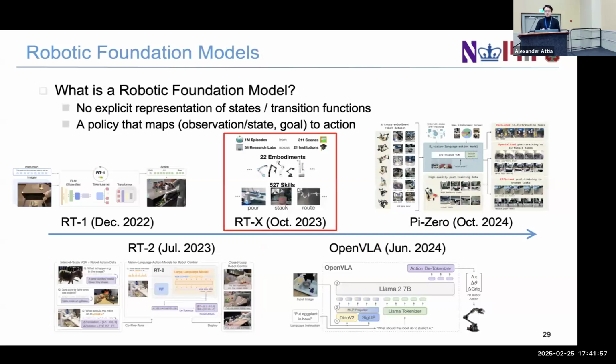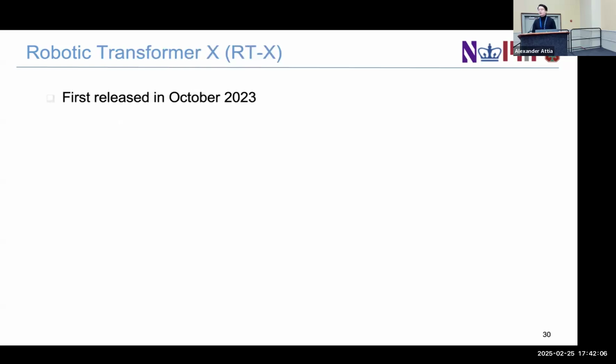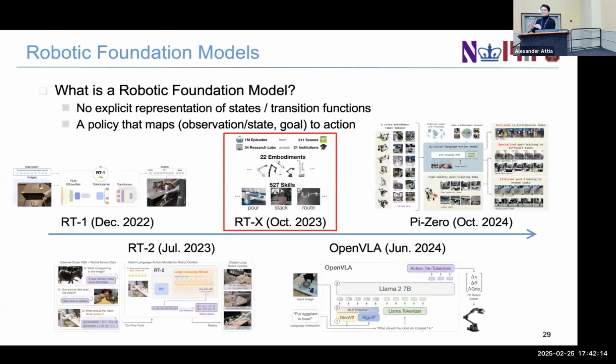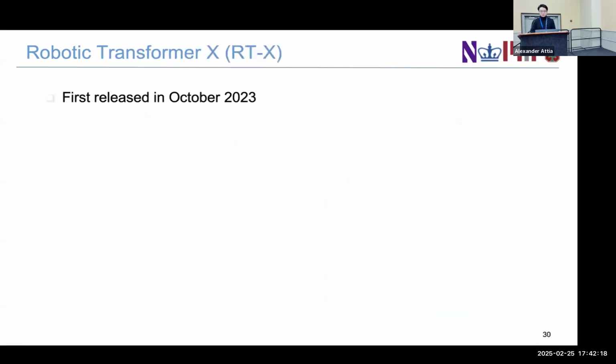And after RT2, this team started to aggregate more data by developing RT-X. This is really an effort to aggregate all the datasets from academia. This work was first released in October, which is actually just 3 months after the release of RT2.